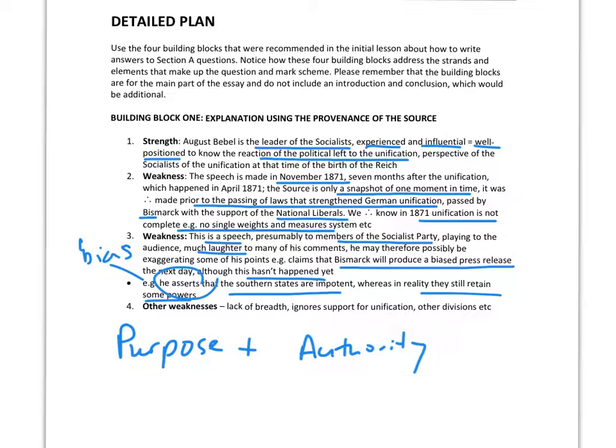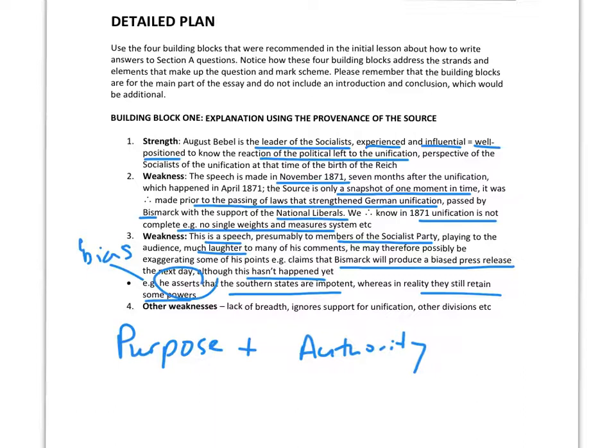The southern states were not impotent. They had representation in the Bundesrat. Through their membership, there was the power of veto, although it was never actually used. We do know that the southern states were allowed to retain their own army. Bebel doesn't mention any of that because it doesn't suit his purpose. So that makes it a weakness. The historian has got to use it carefully. Don't just assume everything that he says.